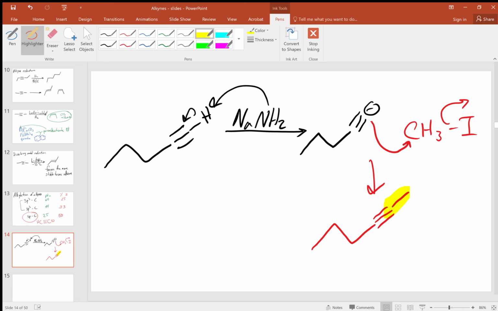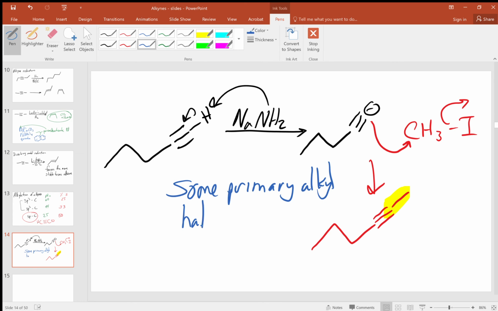Now, there are a lot of limitations on this reaction. So we're going to say that some primary alkyl halides are good electrophiles, but not all of them.